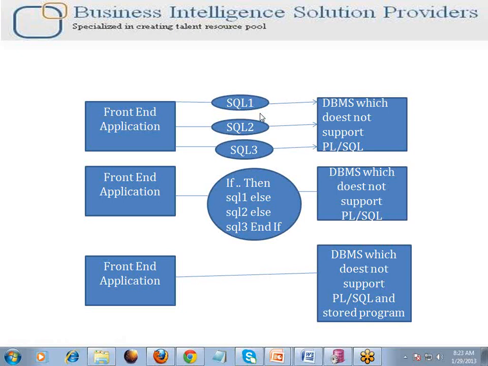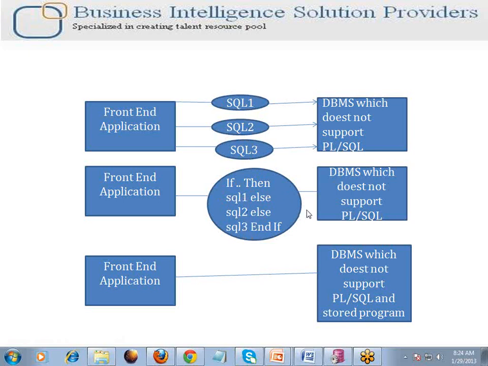So PL/SQL came out from Oracle, where you can write all 3 SQLs within the begin end block. Like begin, if, then SQL1, else SQL2, else SQL3, end if. What happens? You need not send each SQL to the database independently.